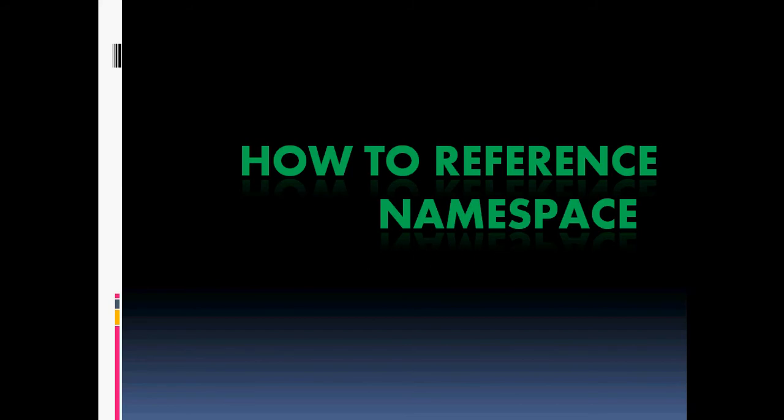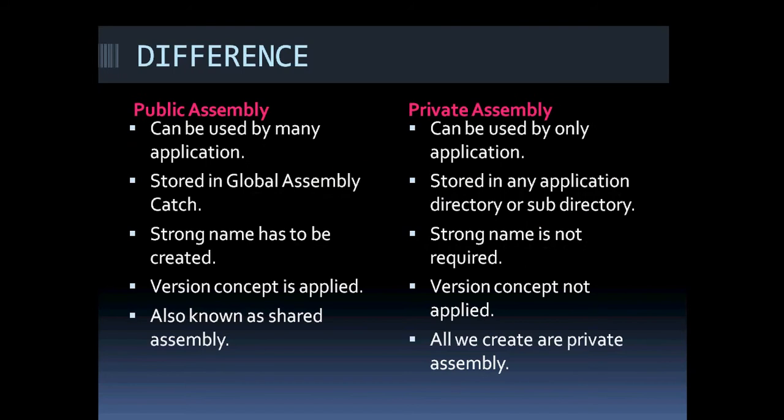As we know, when we compile a .NET application, we get an assembly which contains metadata and intermediate language. There are generally two types of assembly: public assembly and private assembly. Public assemblies are generally stored in the global assembly cache, but when we write a program and compile it, it can be stored in any directory or subdirectory.